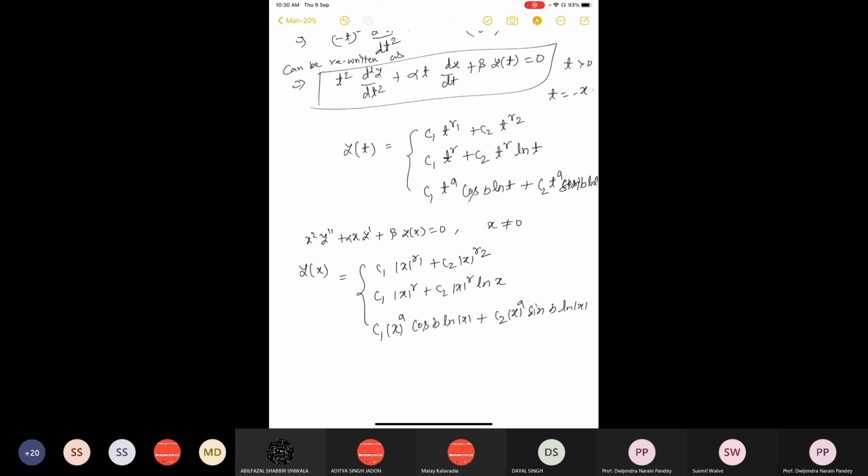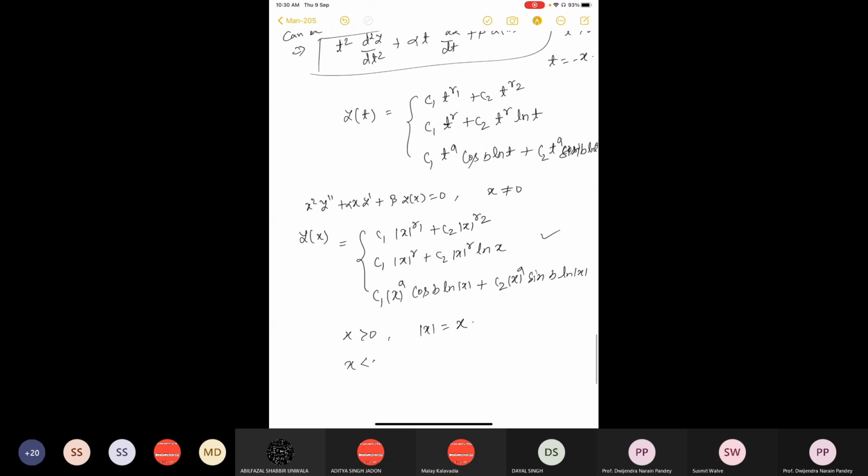The reason is that if x is greater than 0, then this mod x becomes x, right? And this will represent the first case when x is greater than 0, right? But when x is less than 0, then this mod of x becomes minus x, which I am writing as t. Then this solution will represent the other solution. It means that I can solve the Cauchy-Euler equation for x not equal to 0, and the solution can be written like this. Is it understood by all of you?